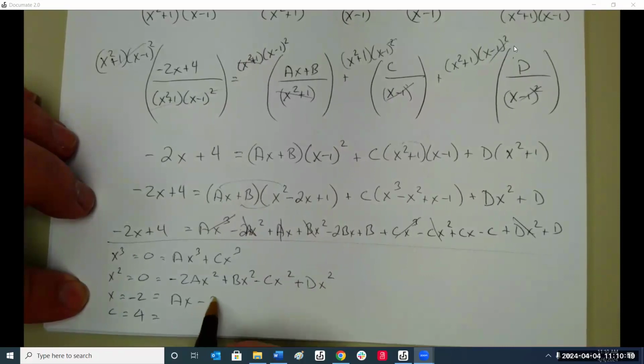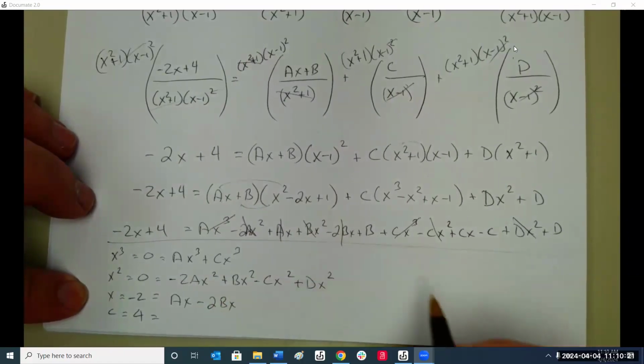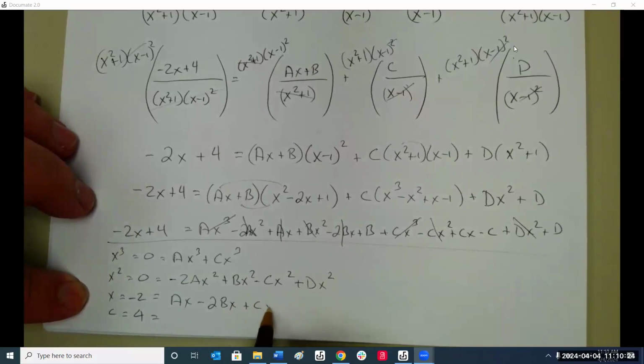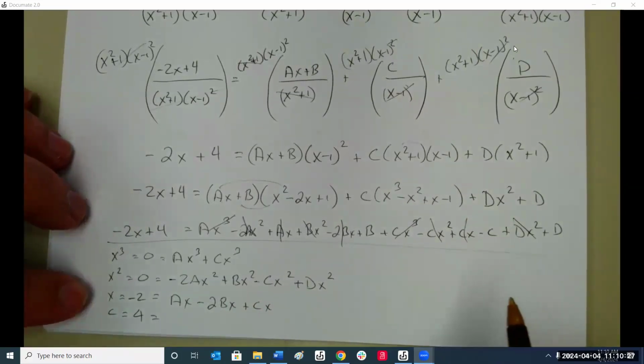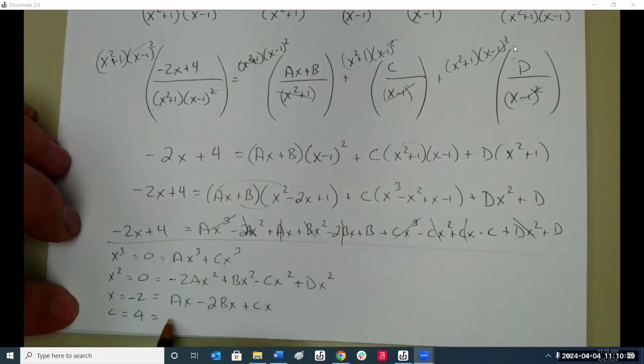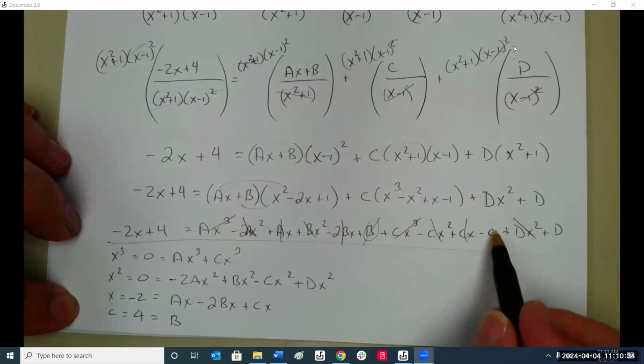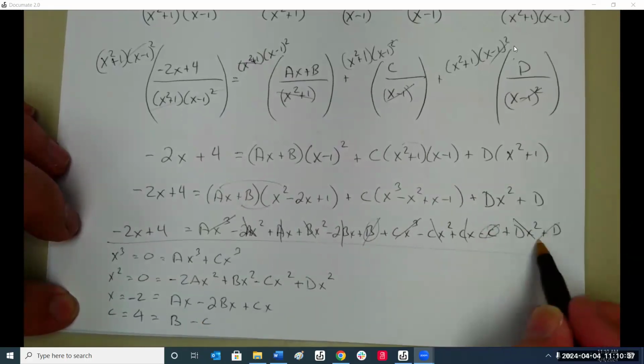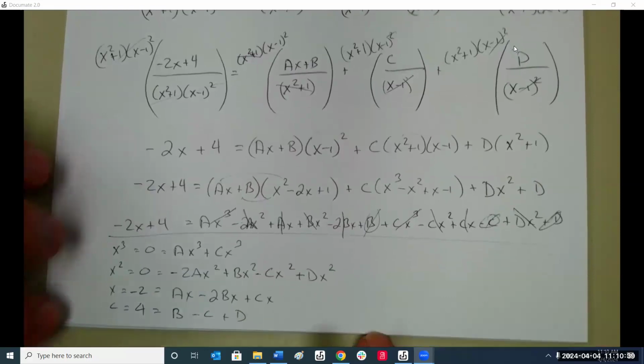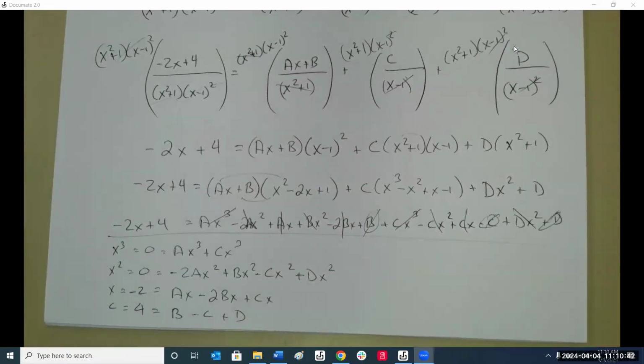Ax minus 2bx plus cx, b minus c plus d. Now we're going to solve for a, b, c, and d.